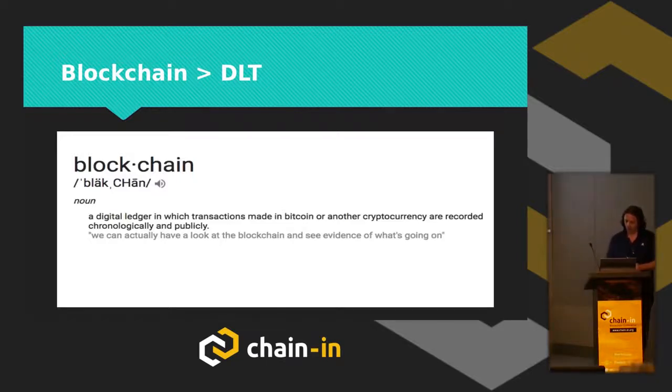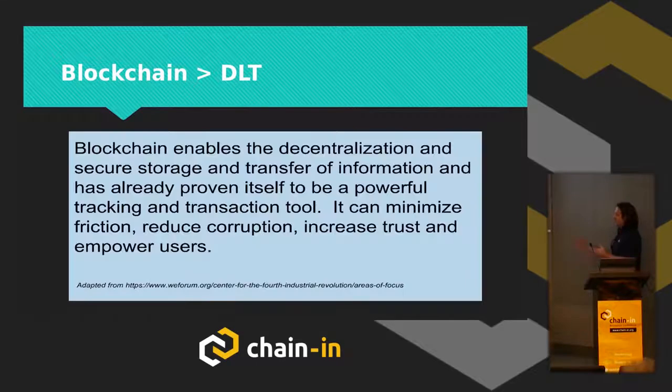One of the definitions that we like more about blockchain is one that comes from the WE forum. And it's what blockchain enables us to do, not what blockchain is as a technology, but what it enables us to do.